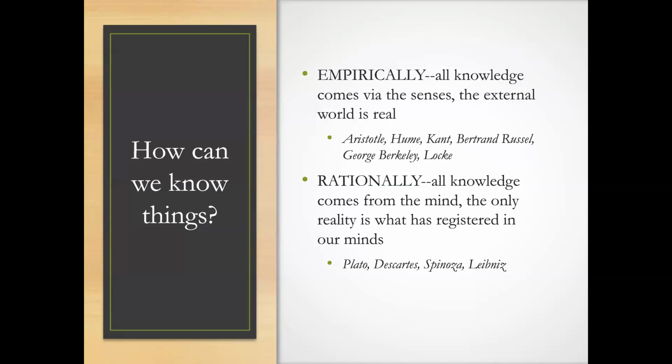That means that it comes to our brains via our senses, that the external world is real and our observations of it allow us to know the truth, right? The opposing school of thought is that knowledge comes from our mind. And the most famous quote from this group of philosophers is, I think, therefore I am. And that the only way that we can grasp or access reality is if we've thought about it.